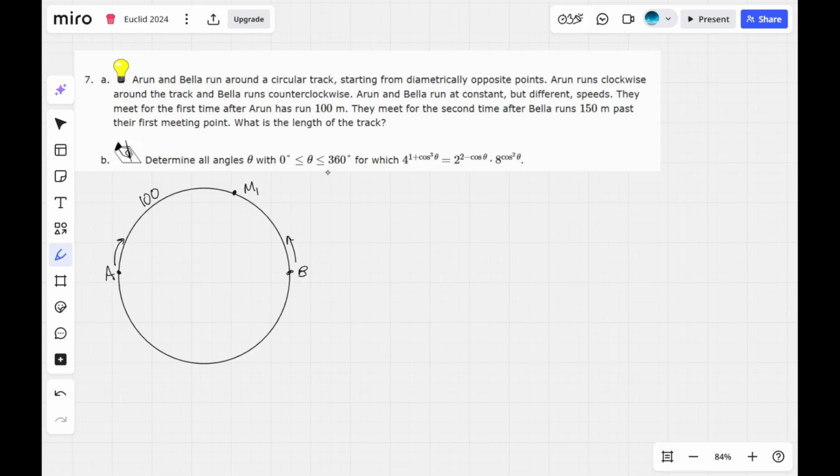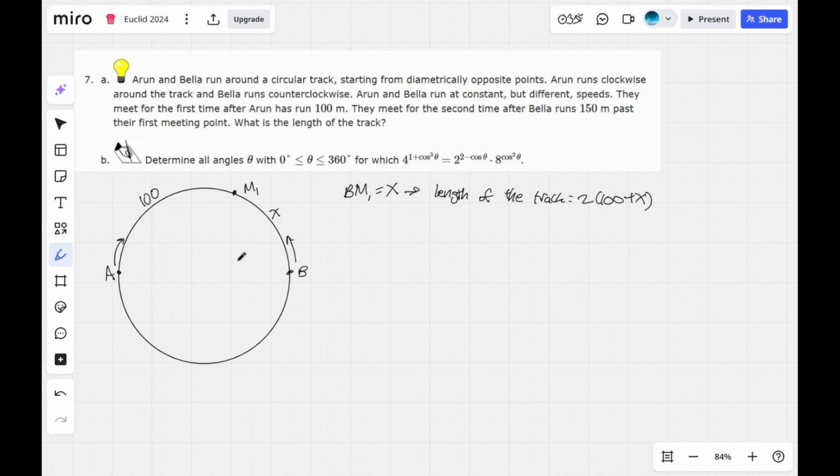And if we let BM1 be equal to x, then the length of the track is equal to 2 times 100 plus x, because 100 plus x is equal to half of the track.